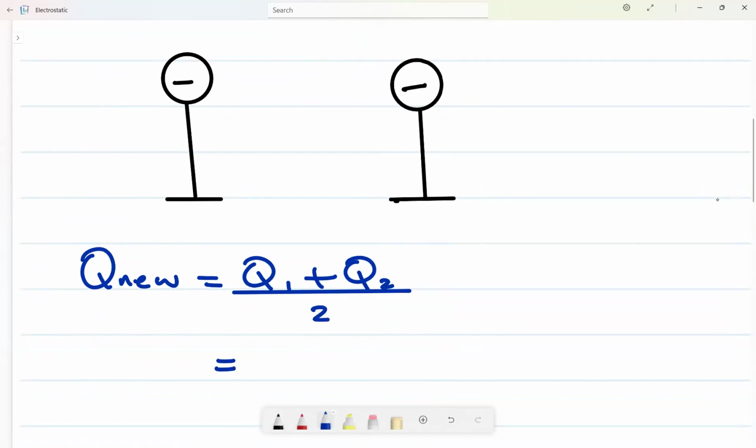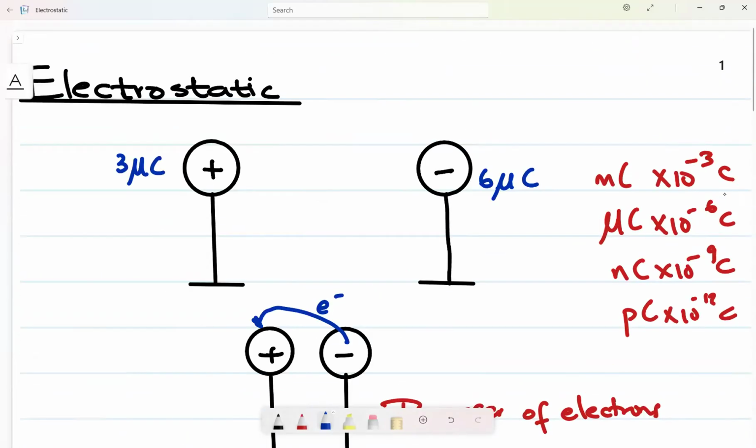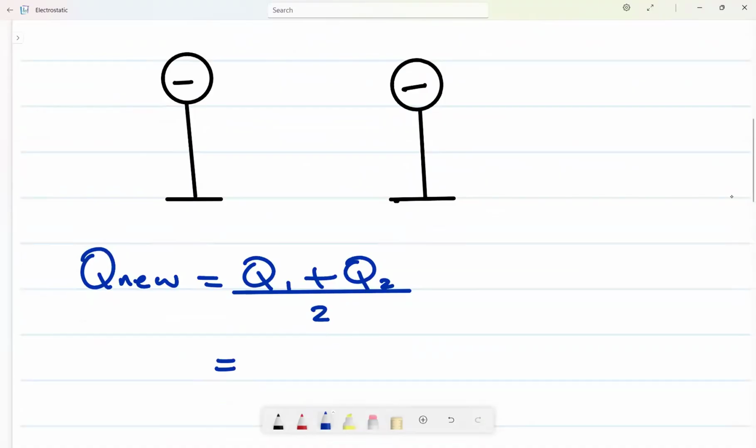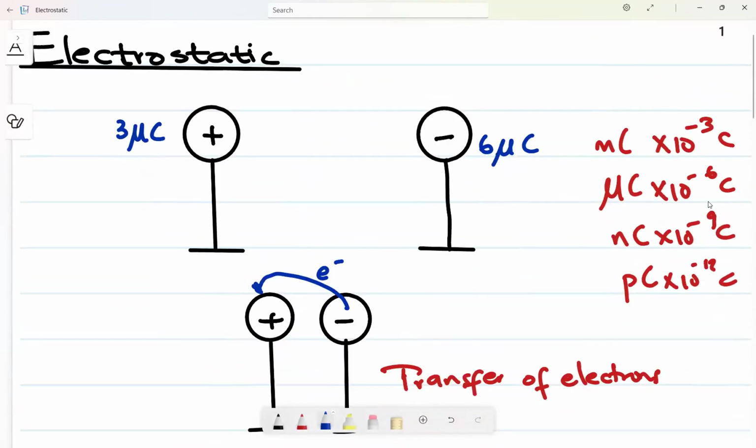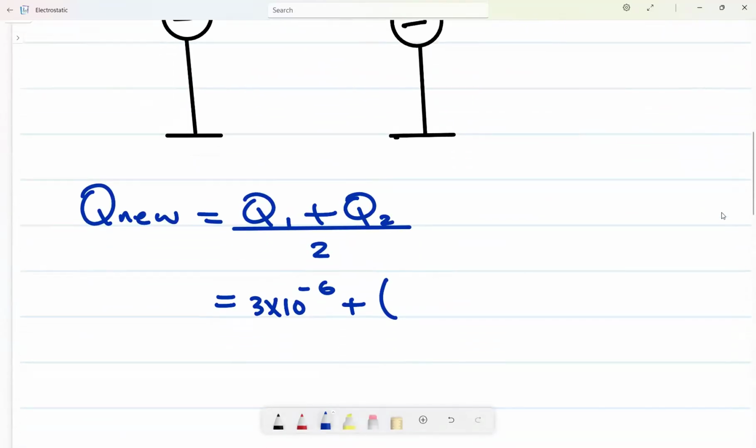The first one was 3 times 10 to the power of -6. Remember, it is positive. Plus Q2, which is 6 but negative, so -6 times 10 to the power of -6, like that. Then you divide all that by 2.